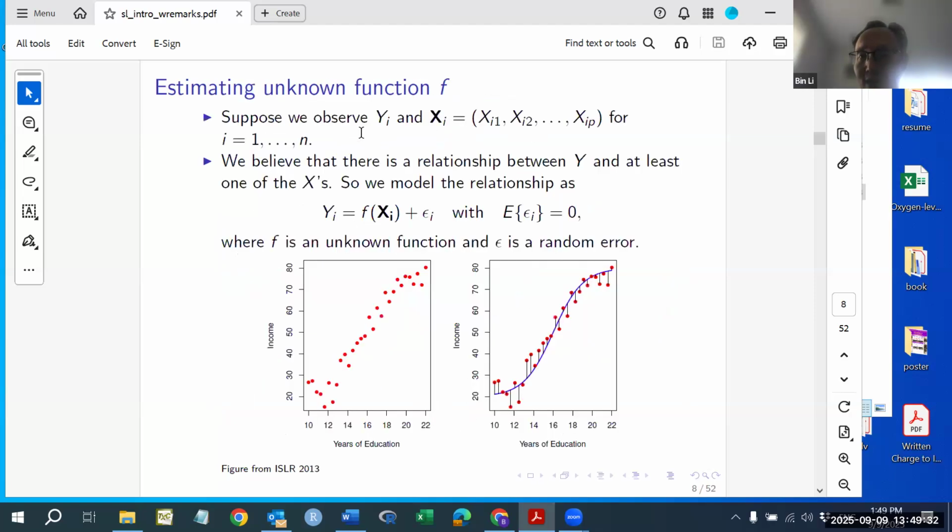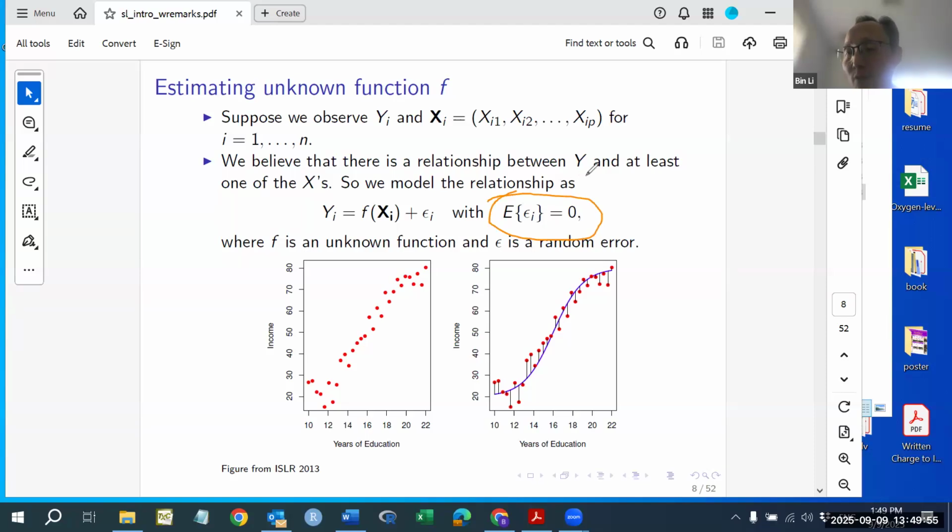So epsilon is the additive noise, right? So here, a common assumption is that the expected value for the epsilon is 0. What does this mean? That means on the average, the epsilon equals 0.